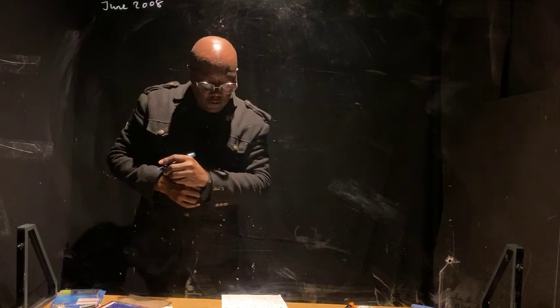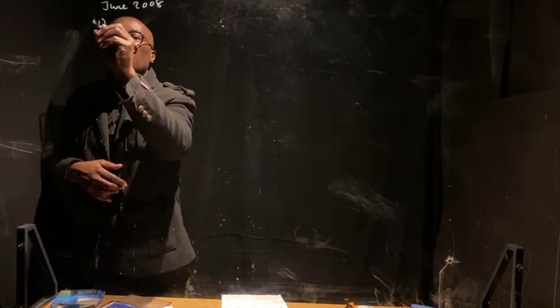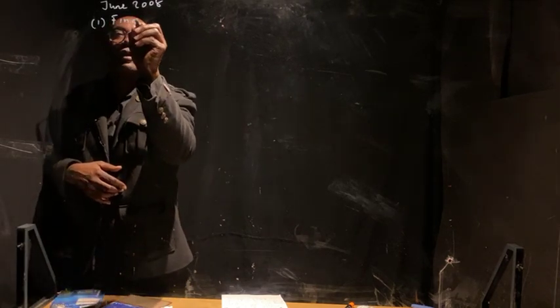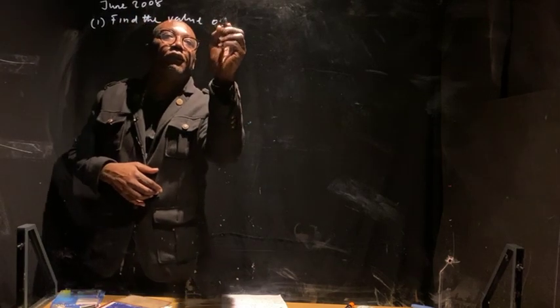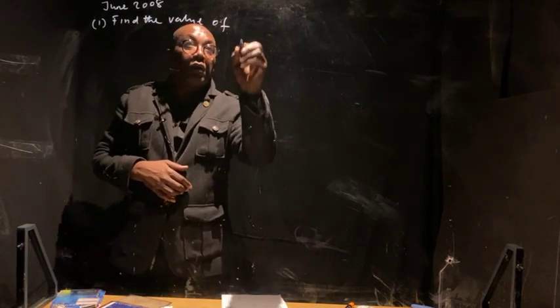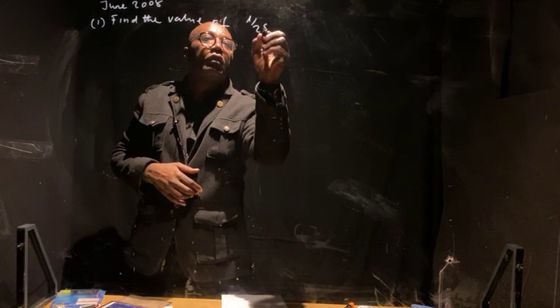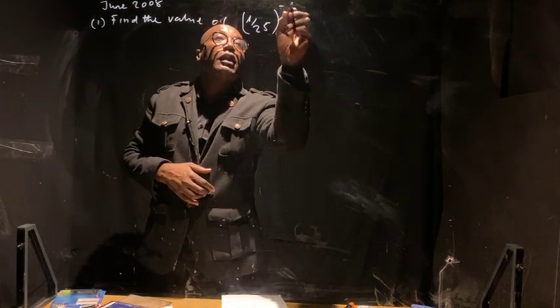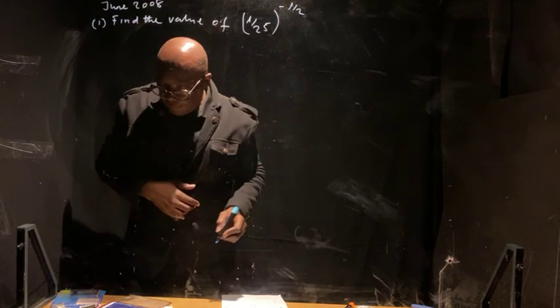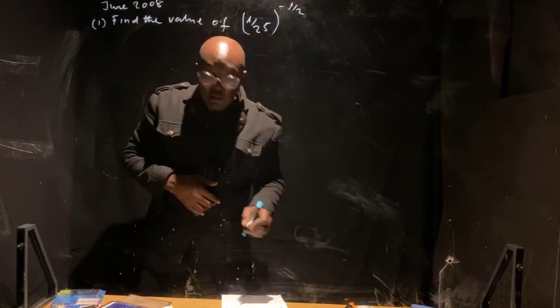It says: 1. Find the value of 1 over 25 raised to the power negative half. 2.